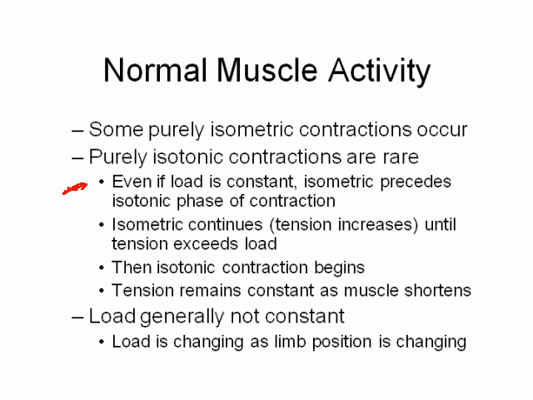Even if the load is constant, isometric contraction precedes the isotonic phase of contraction. The isometric contraction continues, tension continues to increase until the tension exceeds the load. And then the isotonic contraction begins. So that's why we say a purely isotonic contraction is rare, because it is preceded by some isometric contraction.